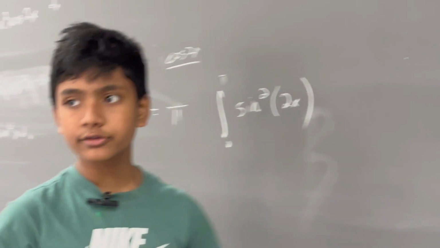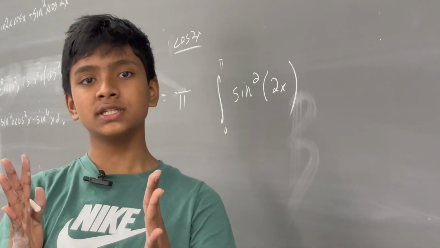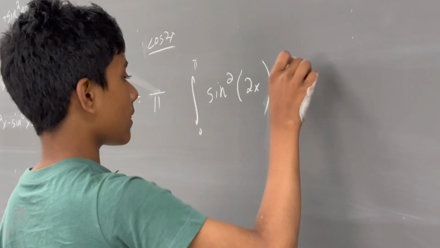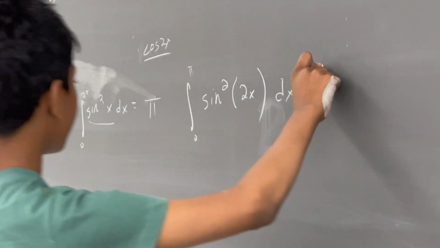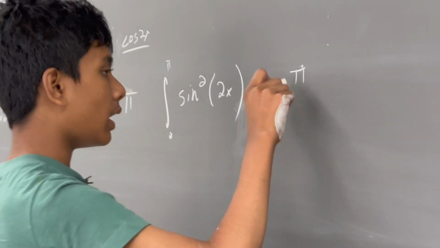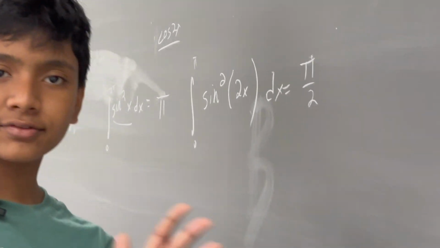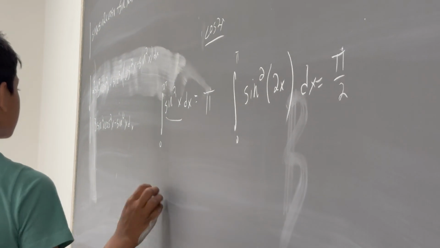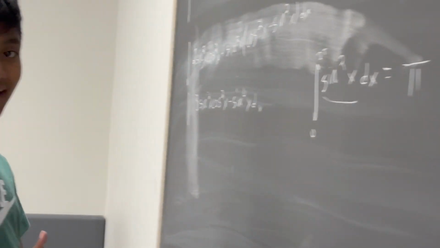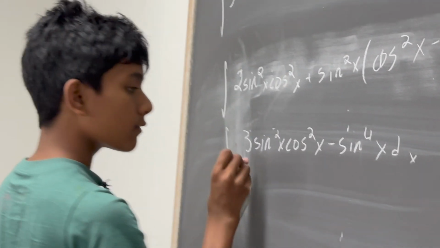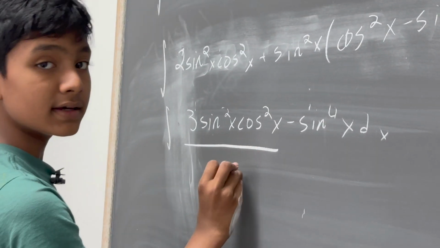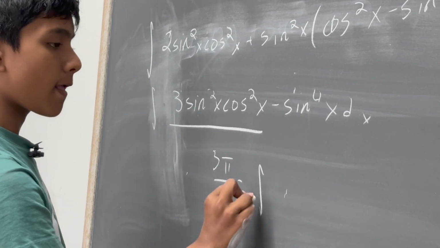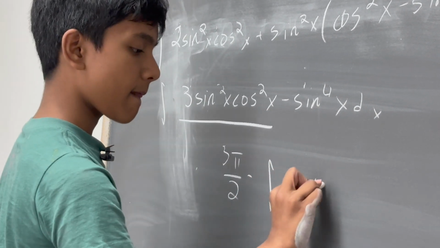Because essentially all we're doing is just smushing the original function into 1/2 of the space. This whole thing is just going to be pi over 2. Because with half the length comes half the area. So it would make sense, right, for this whole thing to just be 3 pi over 2.